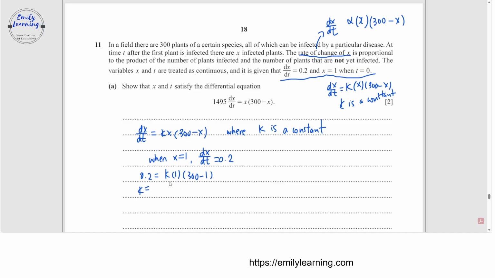So therefore k is equal to 0.2 over 299, which is equal to 1 over 1495.